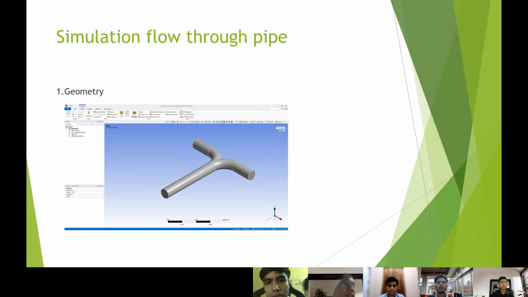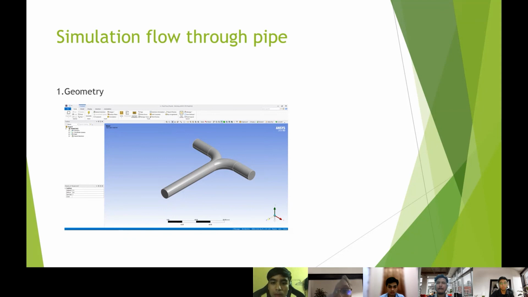The flow of fluid in a pipe is a widely studied fluid mechanics problem. The correlations for entry length and pressure drop are available in terms of flow Reynolds number.